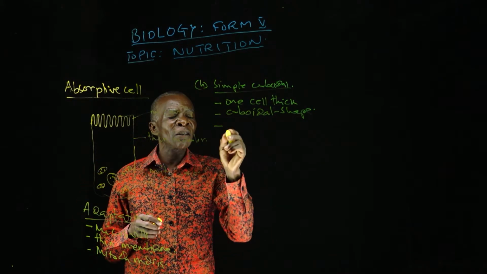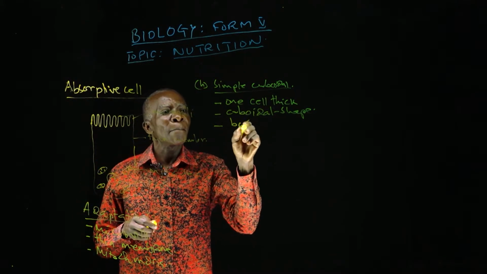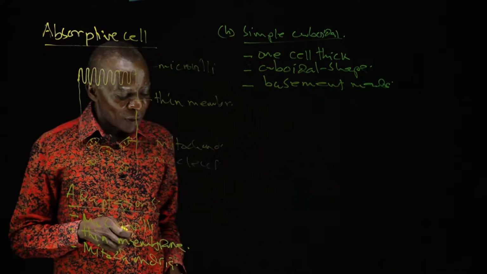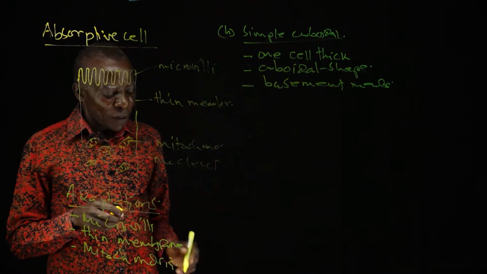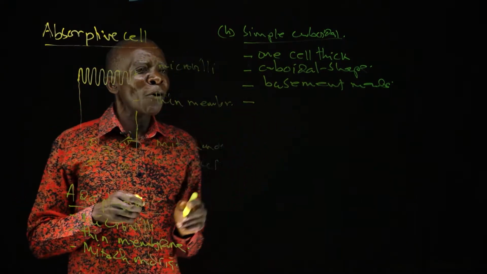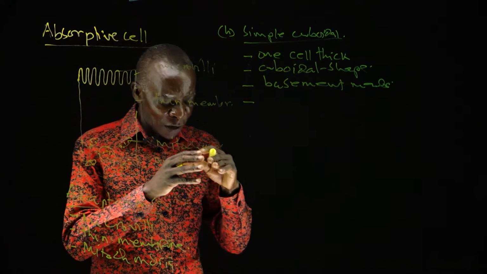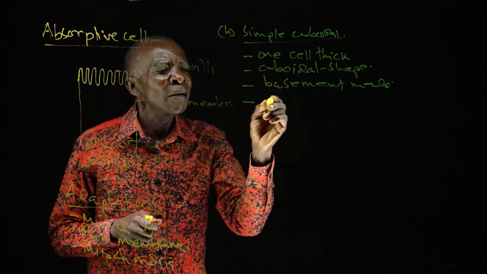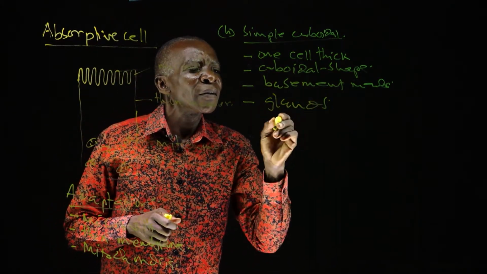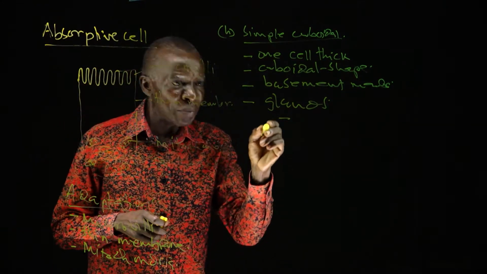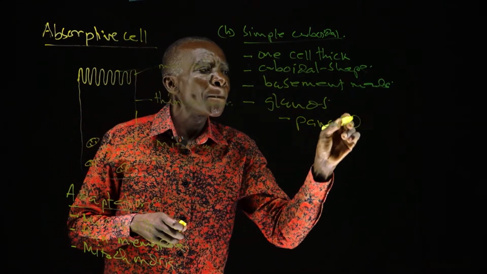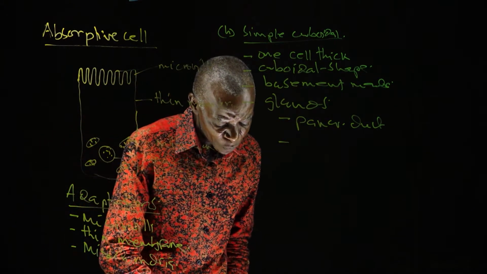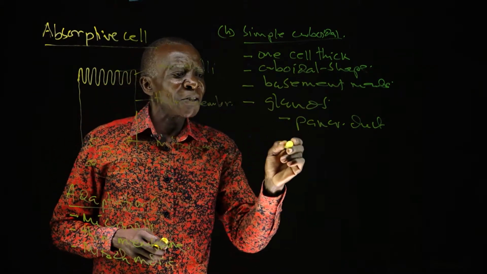Again, these cells rest on the basement membrane. These form parts of the digestive tissues, especially glands, such as the pancreatic ducts, but also the salivary glands.